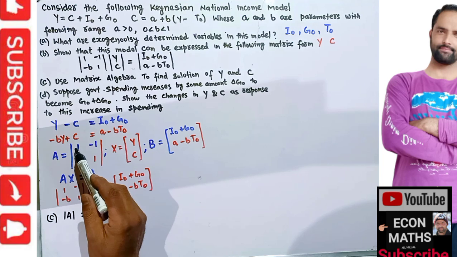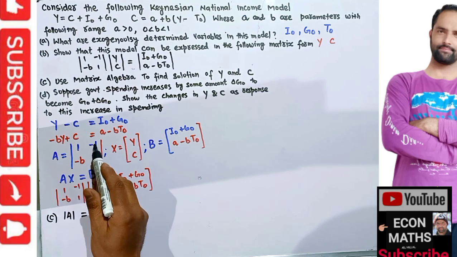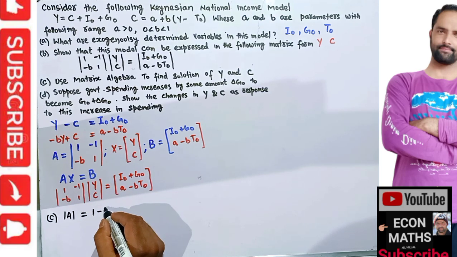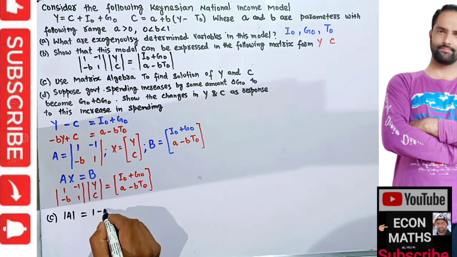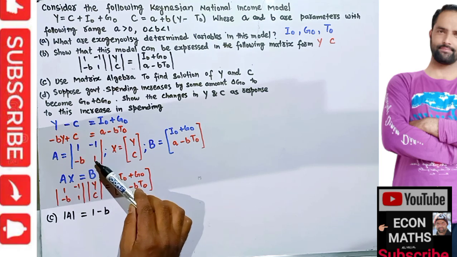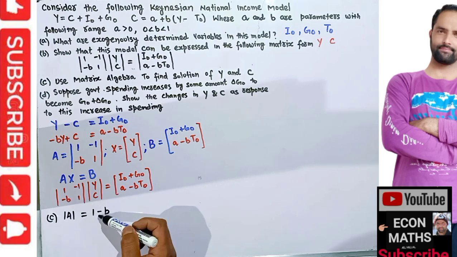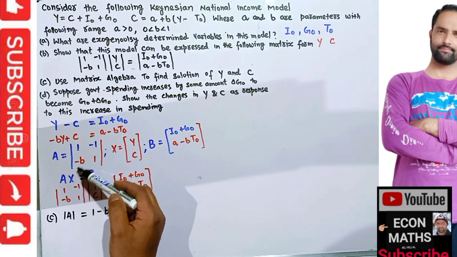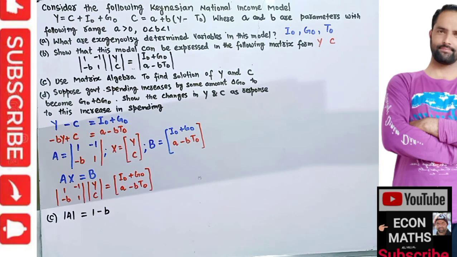We multiply these two numbers, 1 into 1 is 1. Then we subtract the product of these two numbers, minus 1 into minus b. Minus into minus is plus, so we get b here. So we are left with 1 minus b. Simple thing.